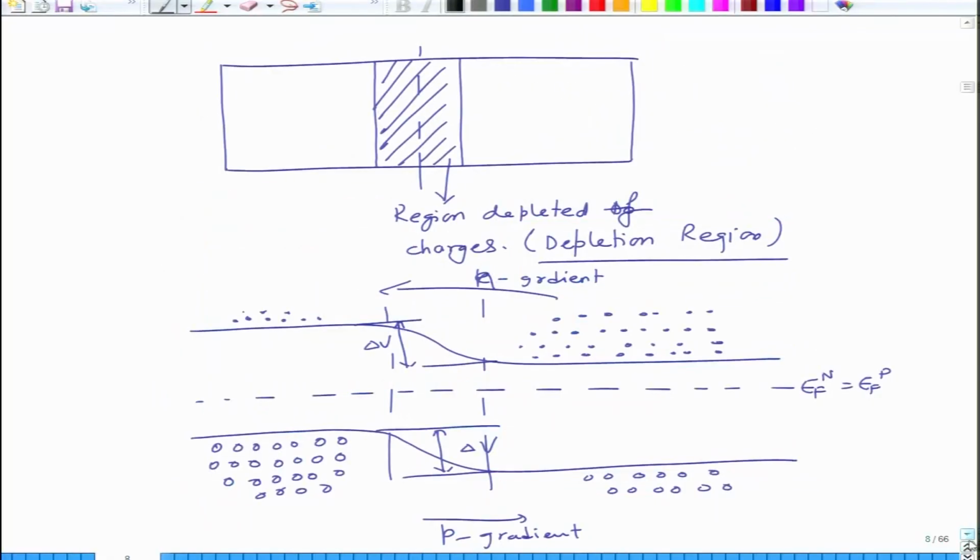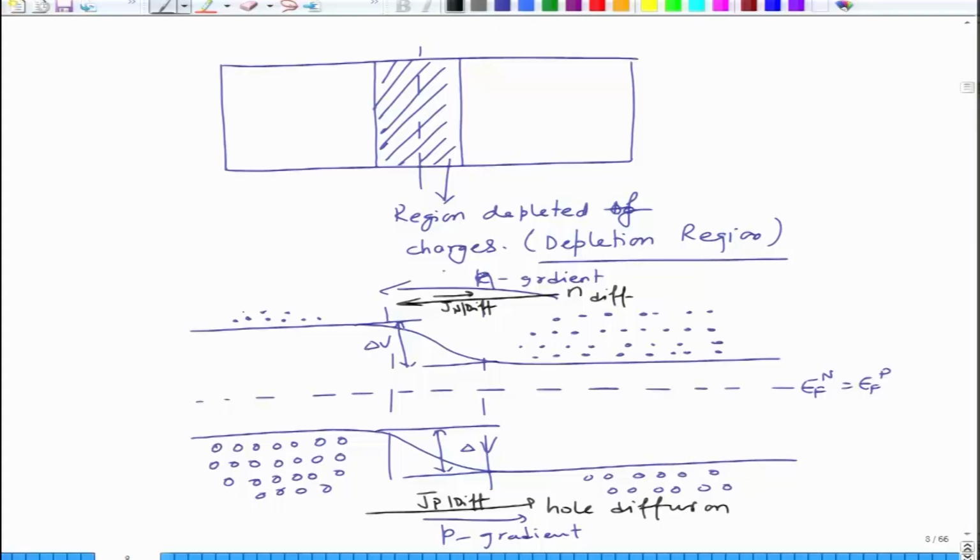So what we have done today is we have just learned the basics of a p-n junction, what a p-n junction is, and what happens to the band diagram. I will just quickly point out here that this is electron diffusion, this is hole diffusion. So you will have a hole current Jp diff and electron diffusion current Jn diff.